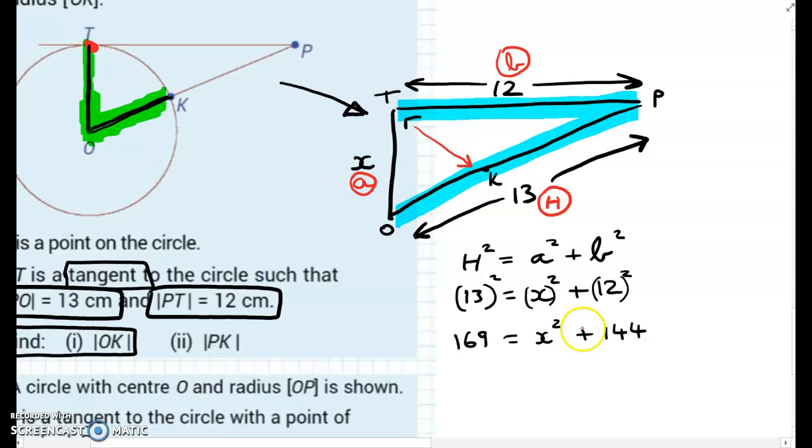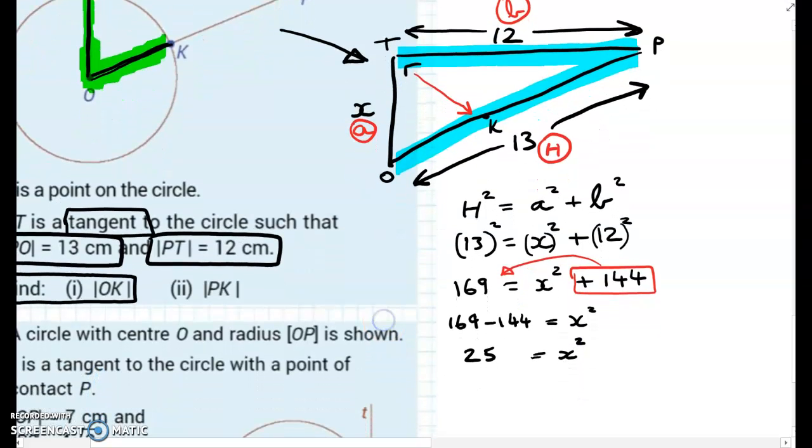Get your numbers onto one side. So let's move this over here. It'll be 169 minus 144. Do that on the calculator or in your head and you get 25. And then of course just remember you have to square root it. So we found what X is.